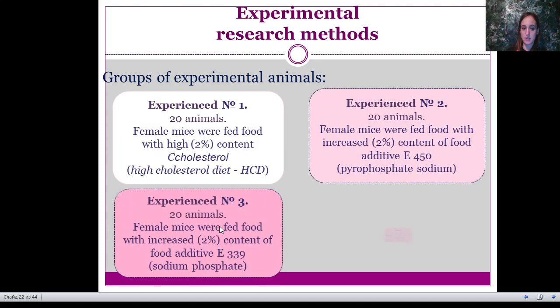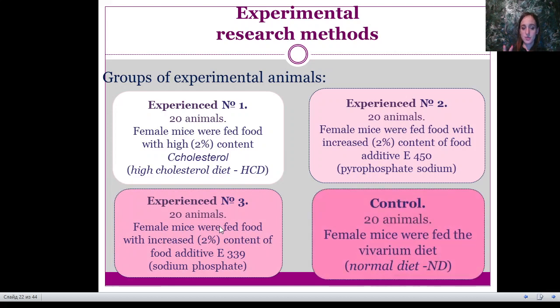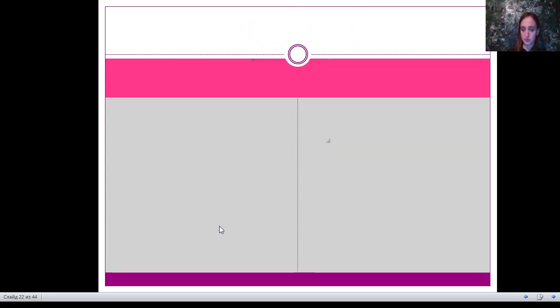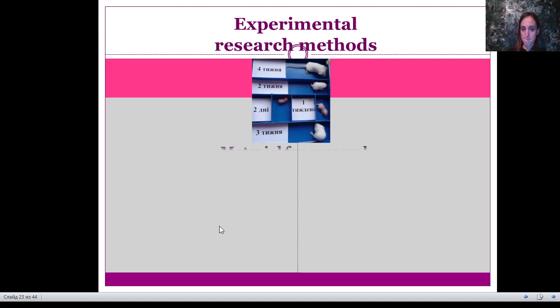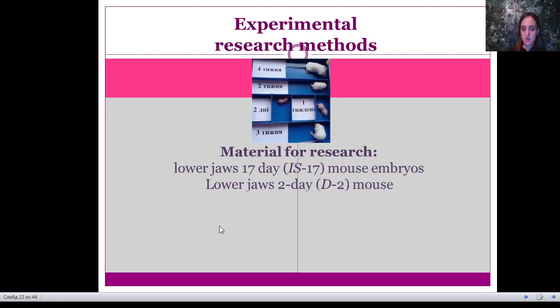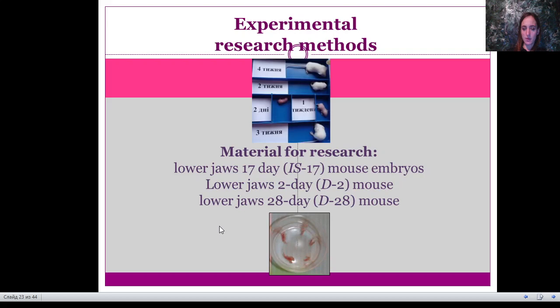Here you can see 3 groups and 20 animals. And control group, here also 20 animals. Here female mice. And we have on this picture 1 week, 2 days, 1 week, 2 days, 2 weeks, 4 weeks, and 3 weeks.